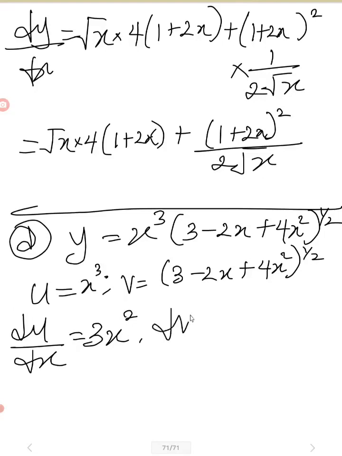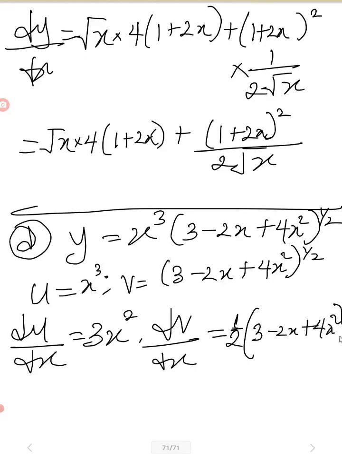Now, for the derivative of v with respect to x, as I've said earlier, you have to apply the composite rule, which is half. That half, we multiply the whole value again, (3 minus 2x plus 4x squared). I don't want to shorten it so you're able to get it better, because it will be long.